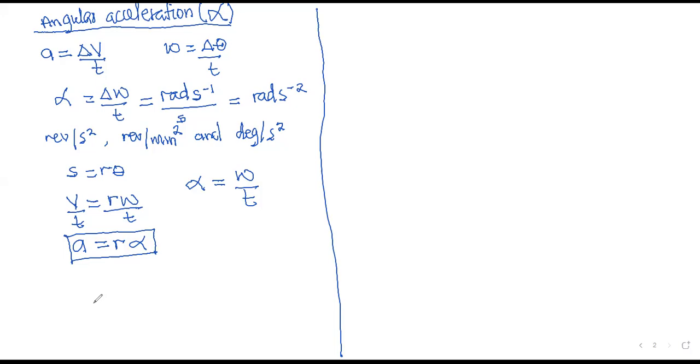All angular quantities are determined from the axis of rotation or are determined from the center of the circle. So angular displacement, angular velocity, angular acceleration can also be determined from the center or the axis of rotation.